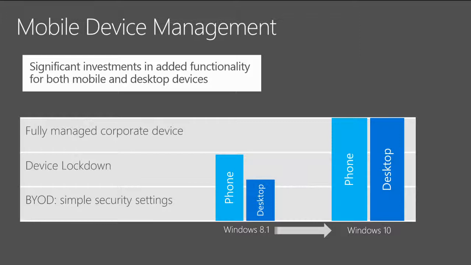So first of all, what has changed in Windows 10? In the Windows 8.1 timeframe we already had an MDM solution in place where we supported a number of settings that could be configured. On Windows Phone 8.1 we had some more than on Windows 8.1, but the investment at this point in time in Windows 10 is really in this area.